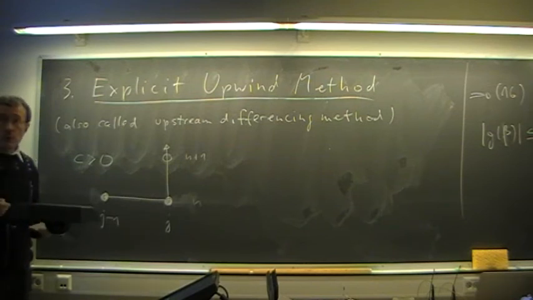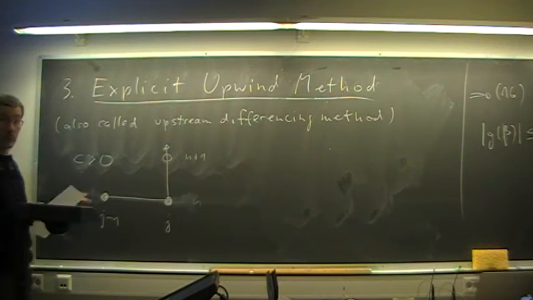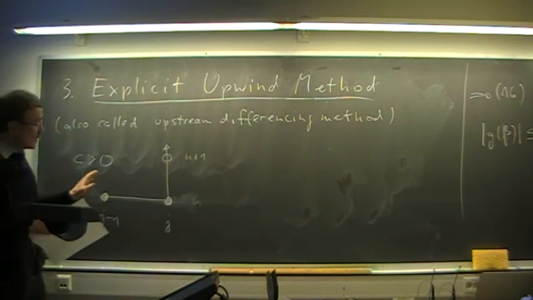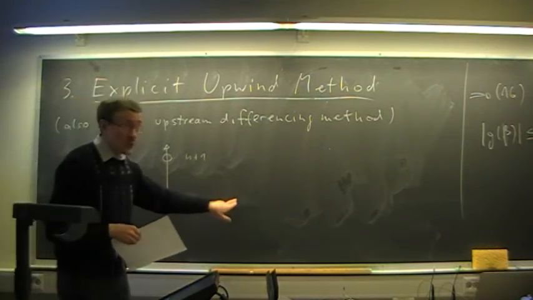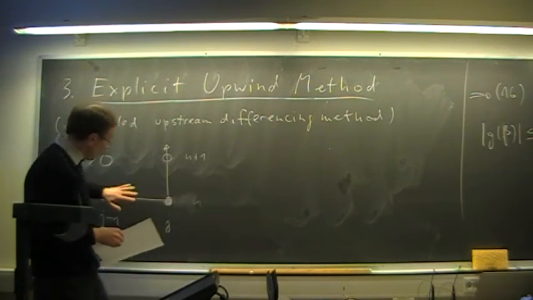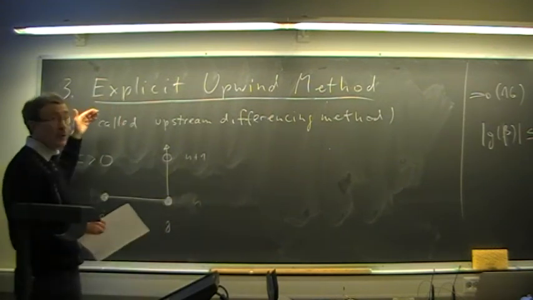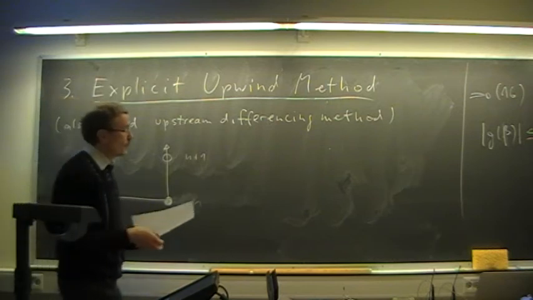And when you do this scheme for c negative, it will just be the opposite. If c is negative, then we take the j plus 1 into account, and the j, but not this one, because then everything is going from right to left.